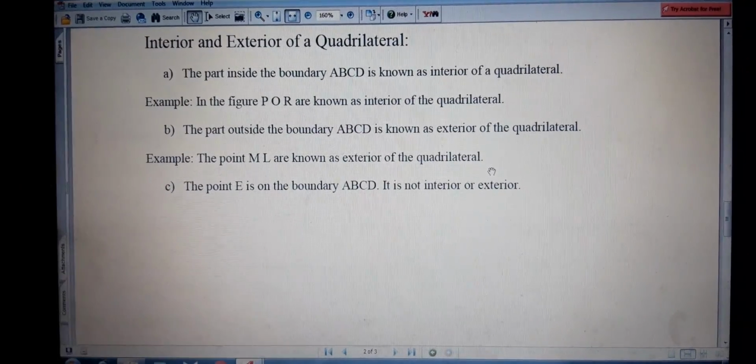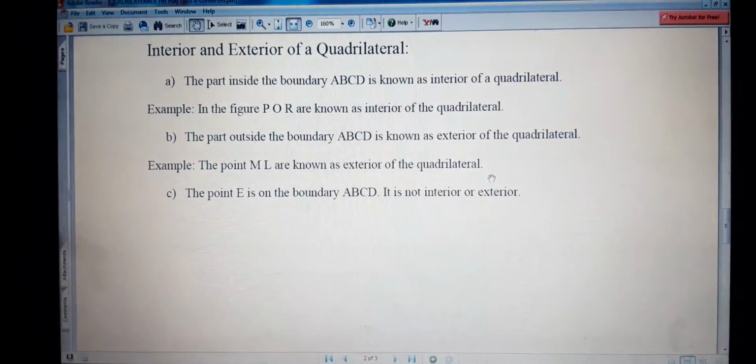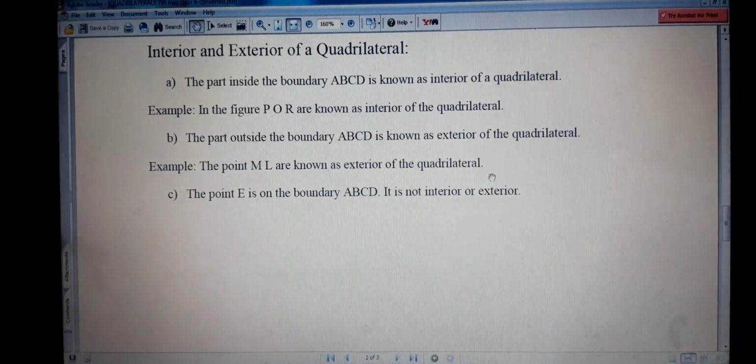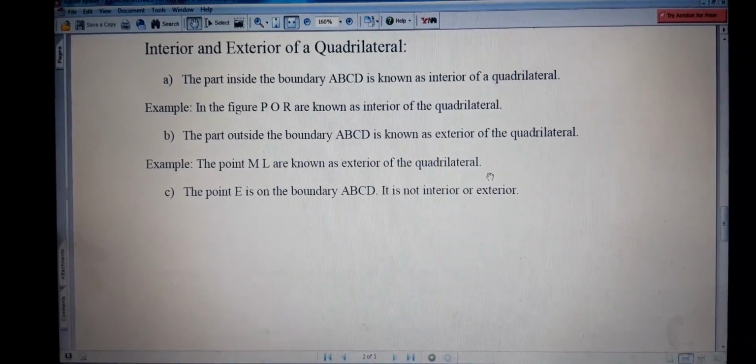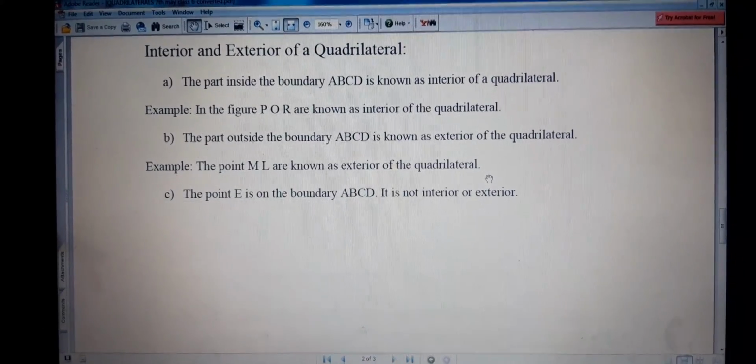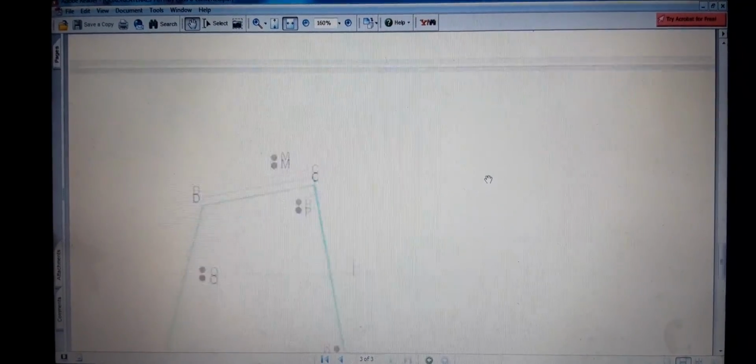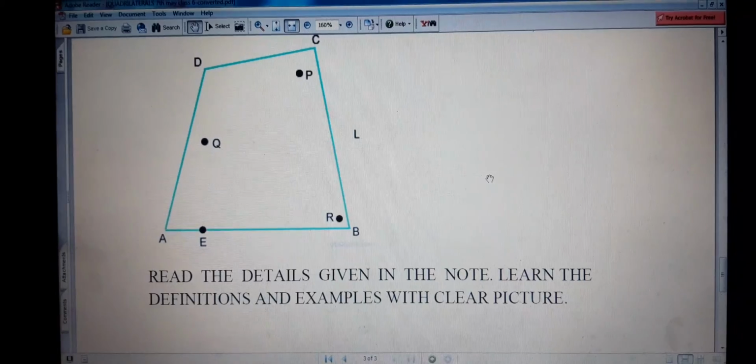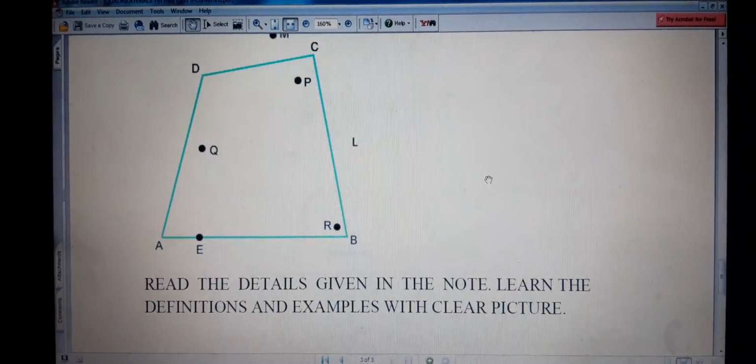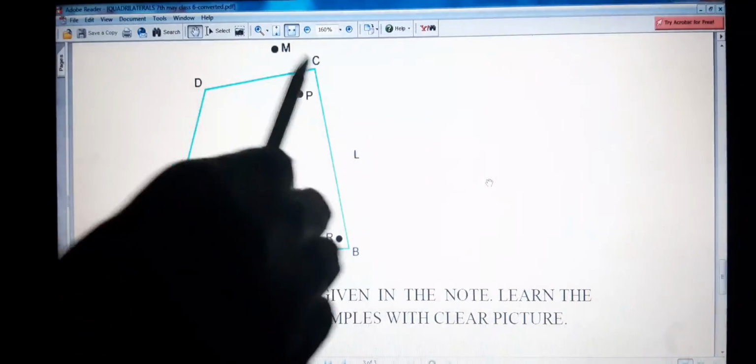Now, interior and exterior of a quadrilateral. Interior means inside and exterior means outside. Just come to this figure. Here is a figure of quadrilateral ABCD.